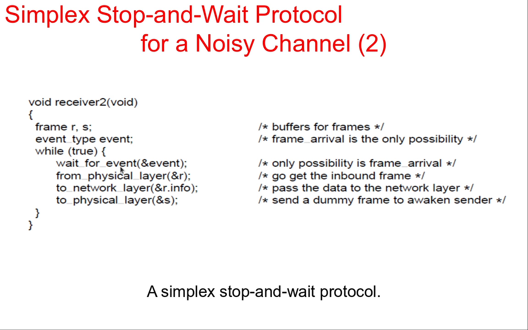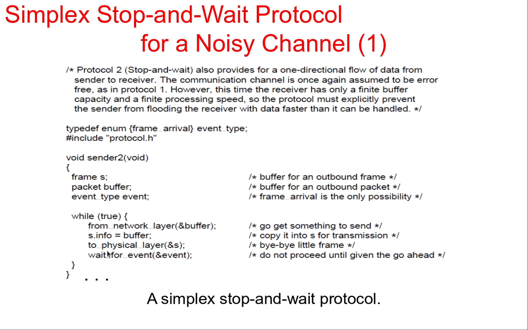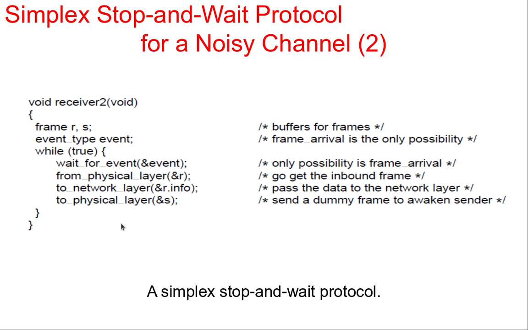So it goes to the physical layer and accepts that frame into R, and the payload of that r.info will be transmitted to the network layer, which is nothing but the packet. At the same time, it also gives a frame, which is S, to the physical layer, which is acting as an acknowledgement frame to the sender, and this is the frame for which the sender was waiting at wait for event. So once that frame is received here, once again that will be going to the next thing, as we have seen previously. So this is the simplex stop and wait for a noisy channel.